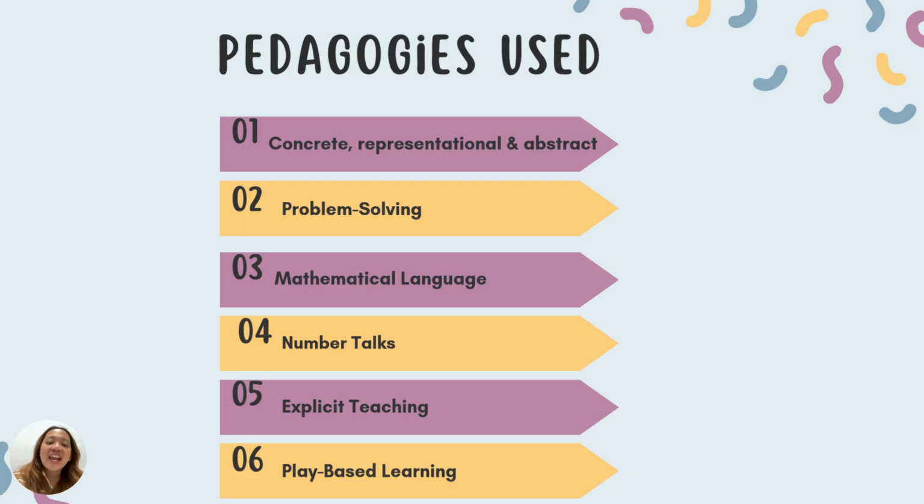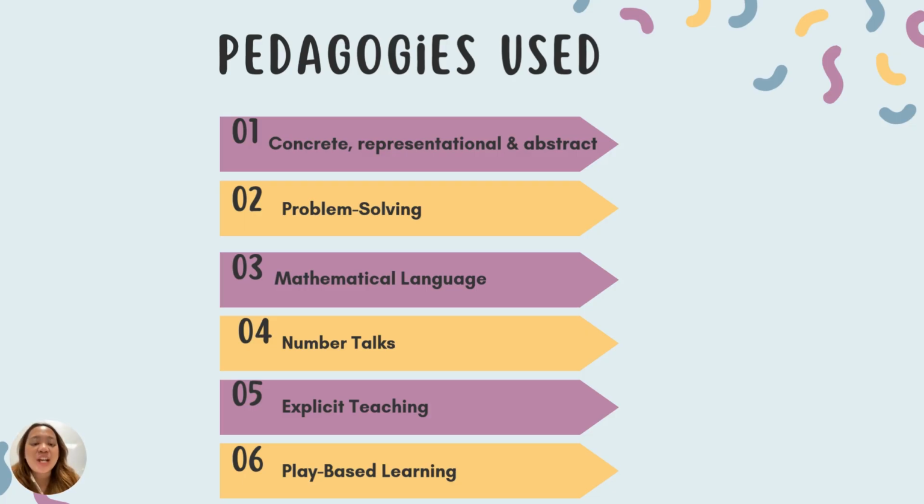Then after that they're going to transfer their knowledge to abstract, where they only write a number sentence from what they understand from the previous stages. For our topic, we expect students to write a number sentence in equality, in an equation, for the abstract. Next we have problem solving, and then third we're going to use mathematical language.